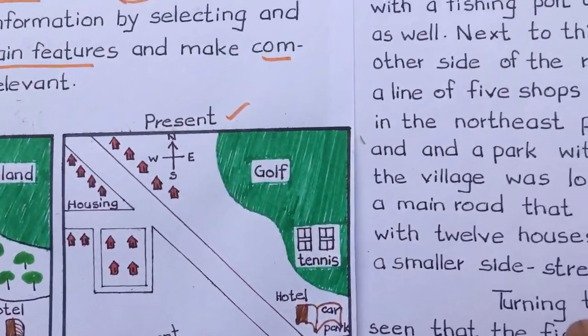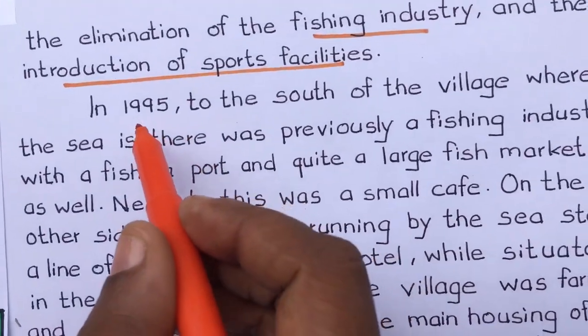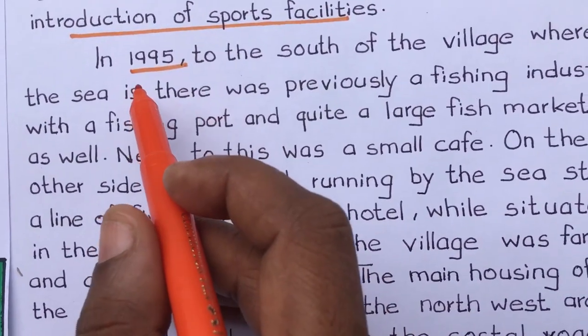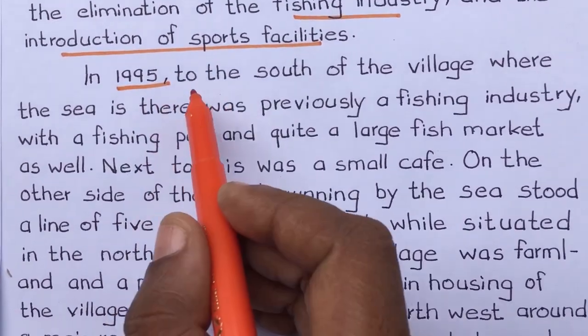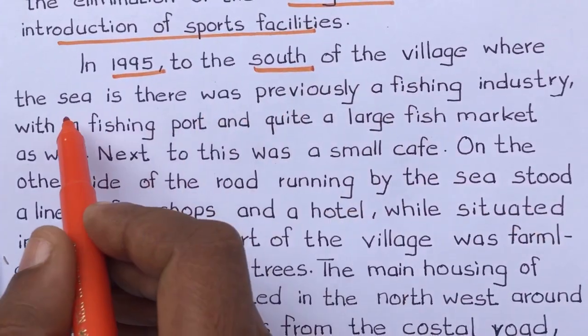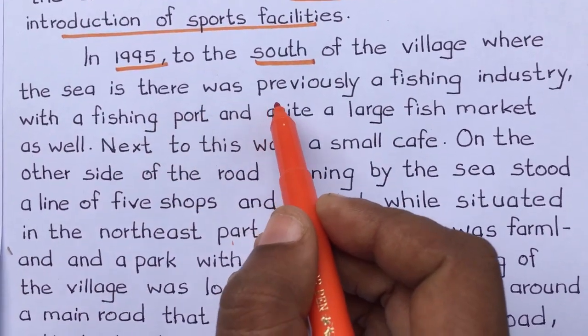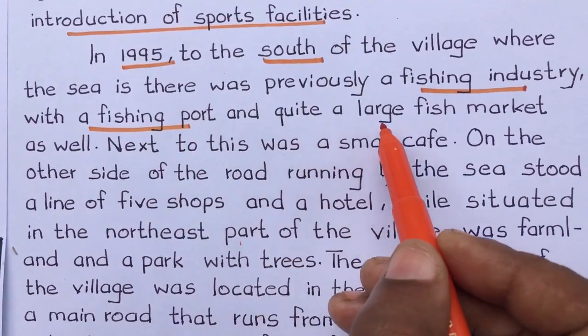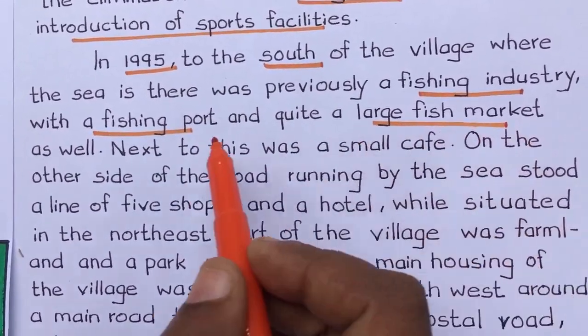So let's move to the body paragraph. In 1995, I'm going to start with how it was earlier. To the south of the village, where the sea is, was previously a fishing industry with a fishing port and quite a large fish market as well.